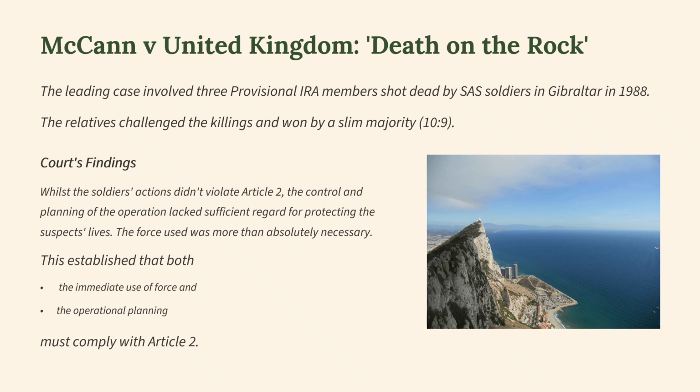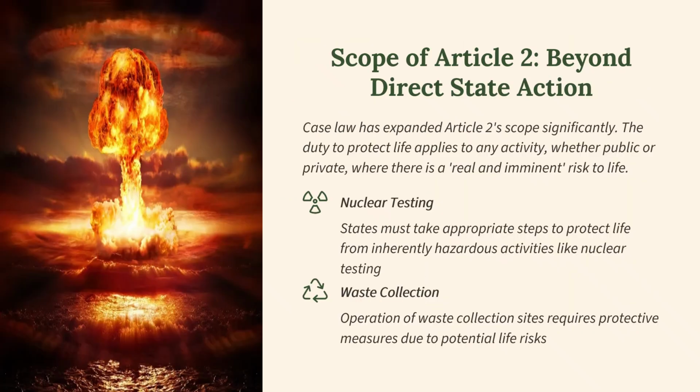Whilst the soldiers' actions didn't violate Article 2, the control and planning of operations lacked sufficient regard for protecting the suspects' lives. The force used was more than absolutely necessary. This established that both the immediate use of force and the operational planning must comply with Article 2.